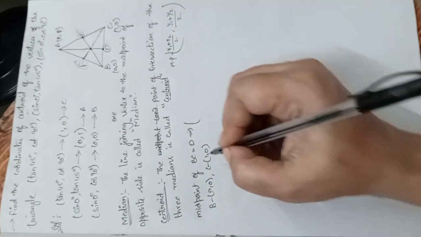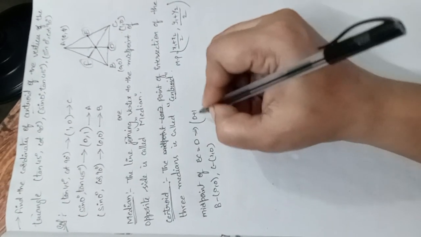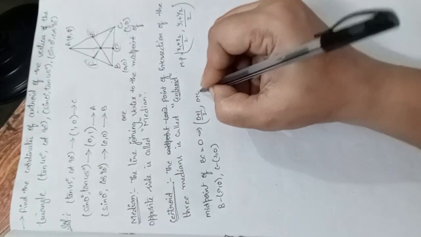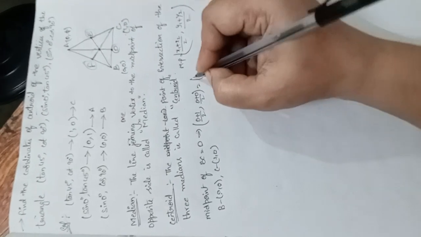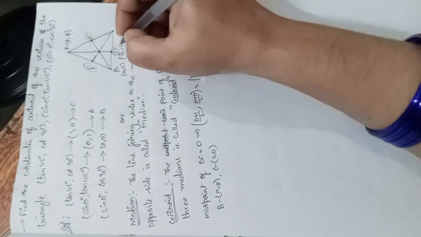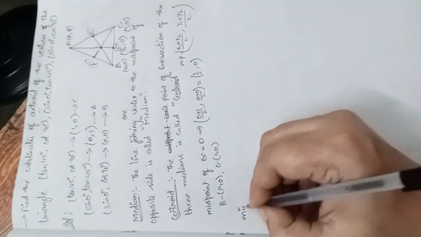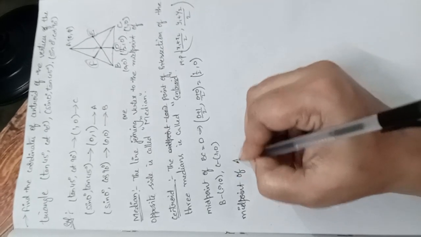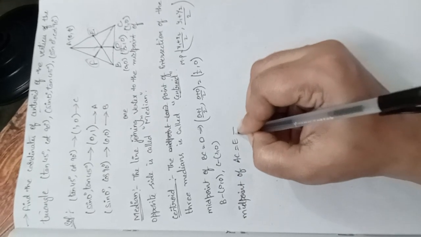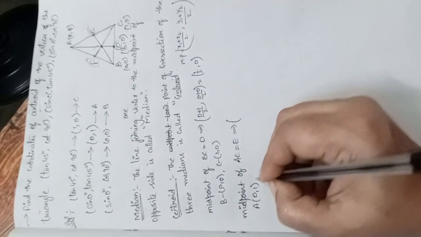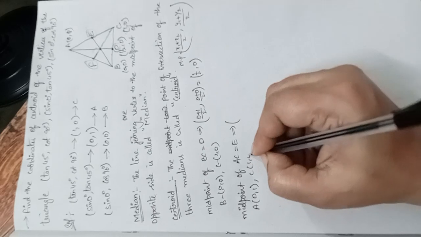B is 0 comma 0, C is 1 comma 0. So D is (0 plus 1 by 2, 0 plus 0 by 2), which equals 1 by 2 comma 0. Now I will find E, the midpoint of AC, where A is 0 comma 1 and C is 1 comma 0.